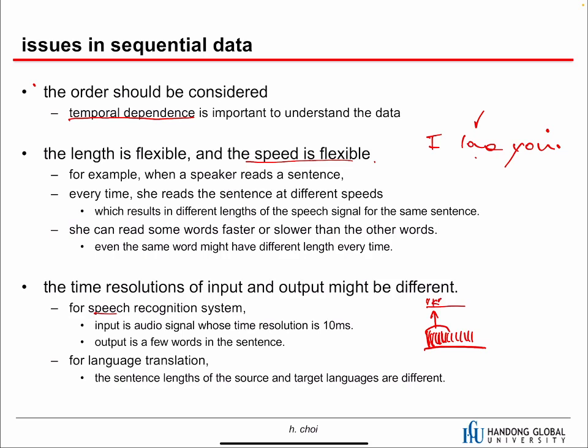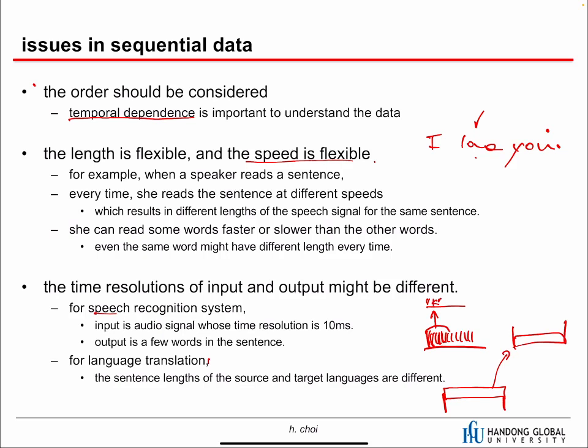And as another example, in language translation, we have one source sentence from the source language, and we want to translate it to the target language, and obviously the length of this sentence would be different from the length of the target sentence.